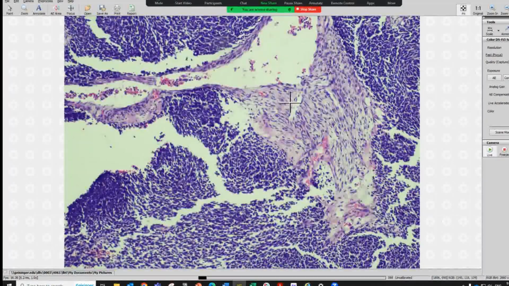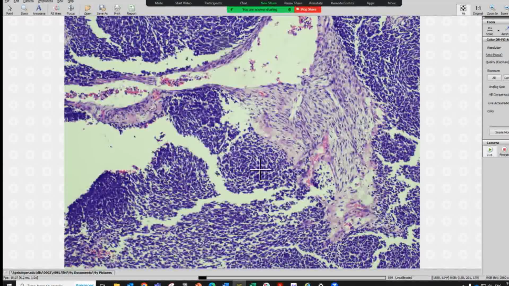Yeah, you can see this characteristic stroma, spindle cell, but really hypercellular. So this is the feature when you try to differentiate Wilms tumor and metanephric adenoma. In metanephric adenoma, if you still remember, the stroma is kind of paucicellular. And then also this primitive cell, we call those blastemal cells.